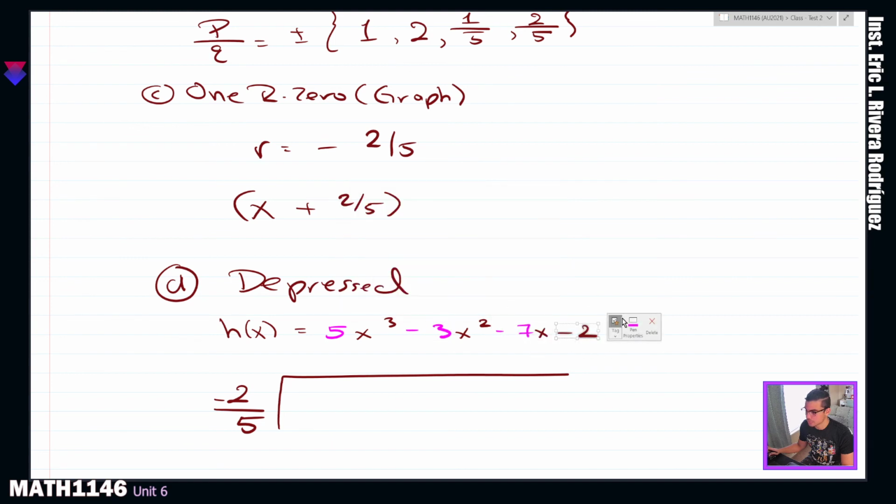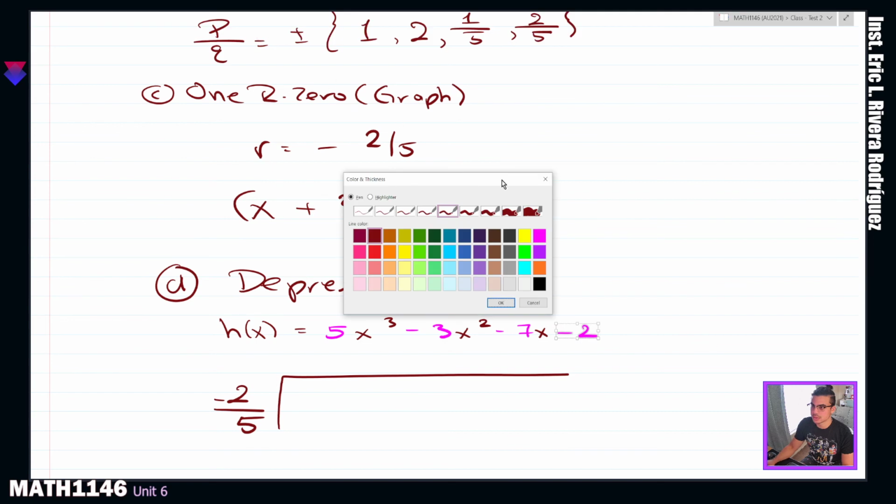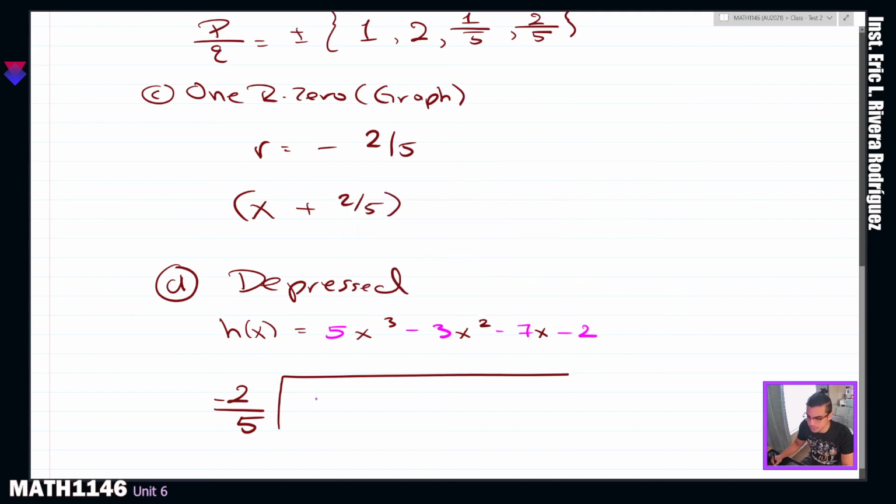Focus on the coefficients. You need to make sure that you have all the coefficients available. So 5, then 0, negative 7, and negative 2 is the constant coefficient. So we have all the coefficients there.